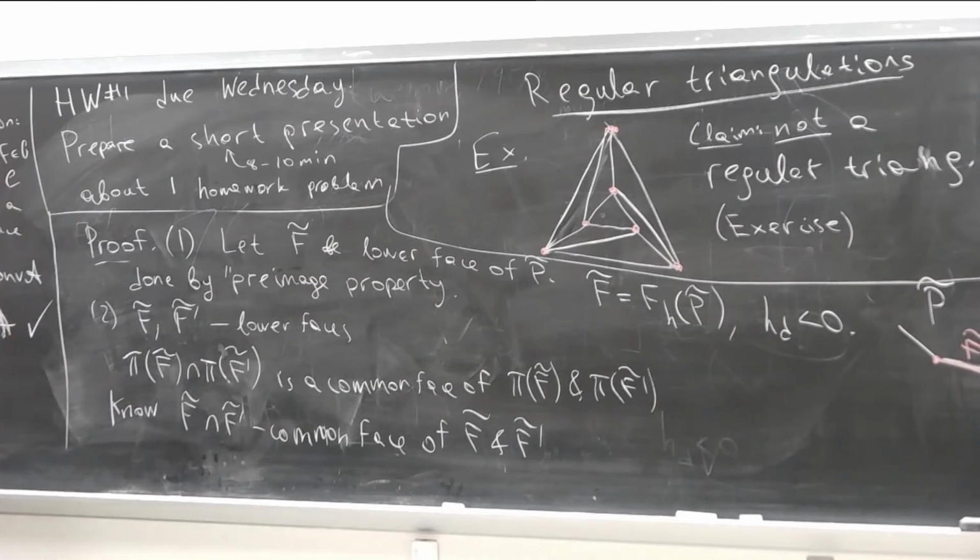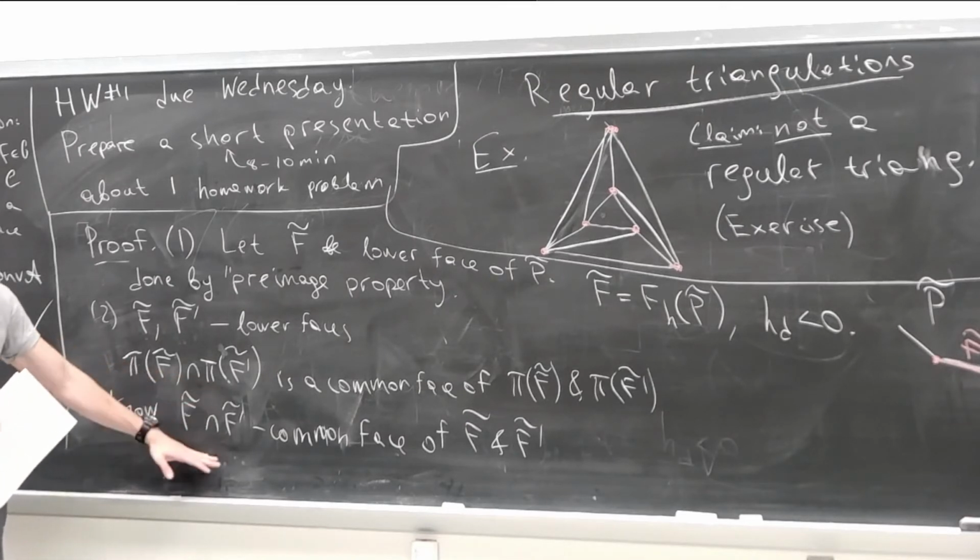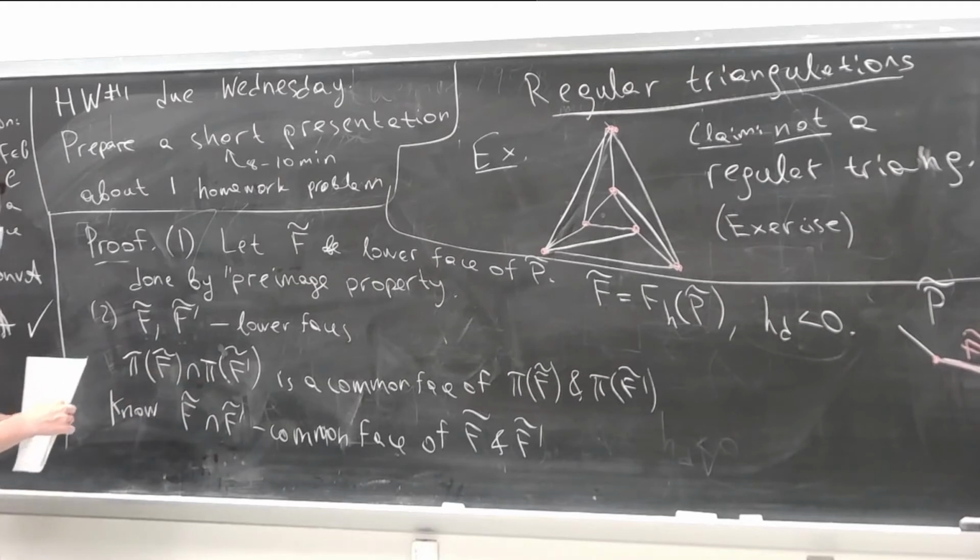So what do we do? Oh, so you're saying that this intersection should be equal to the projection of this. Oh, interesting. I see.